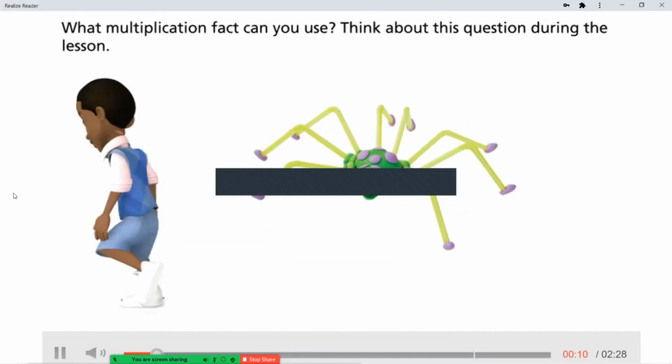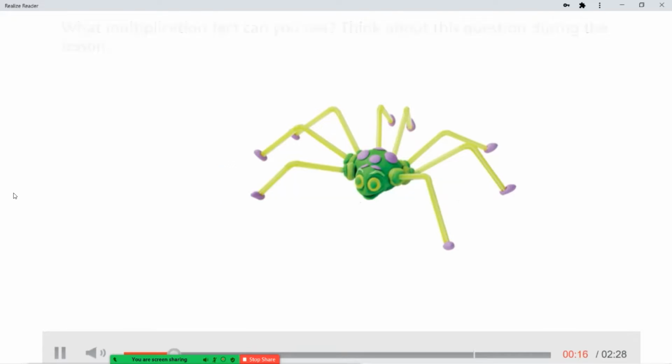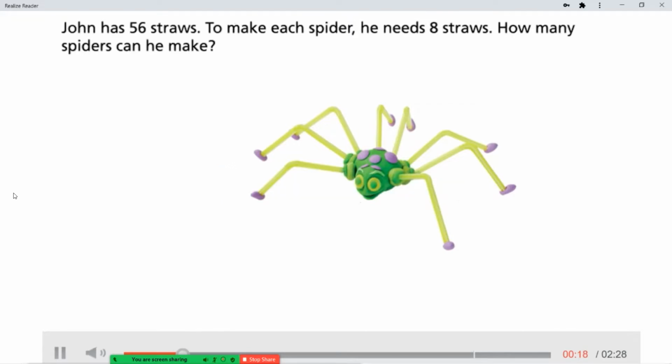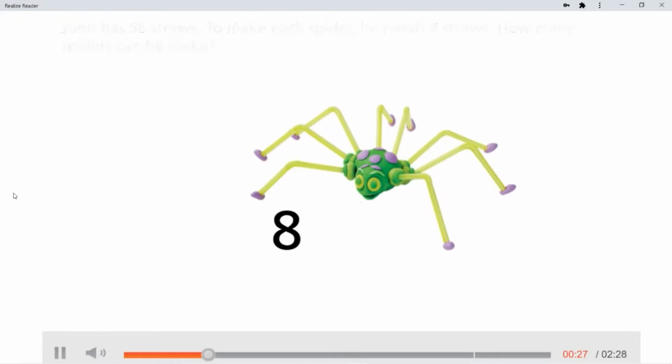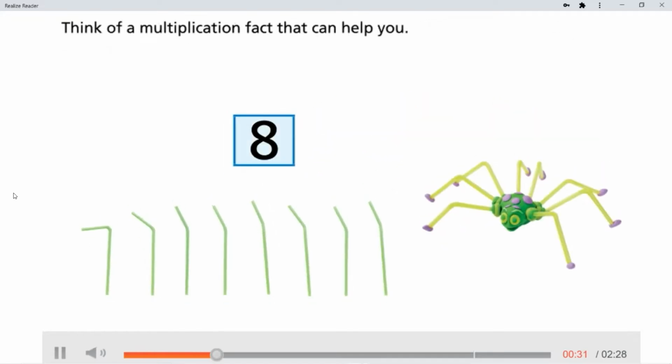What multiplication fact can you use? Think about this question during the lesson. John has 56 straws. To make each spider, he needs 8 straws. How many spiders can he make? Think of a multiplication fact that can help you.